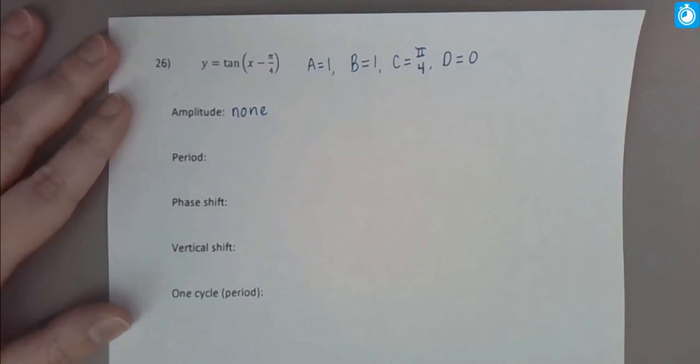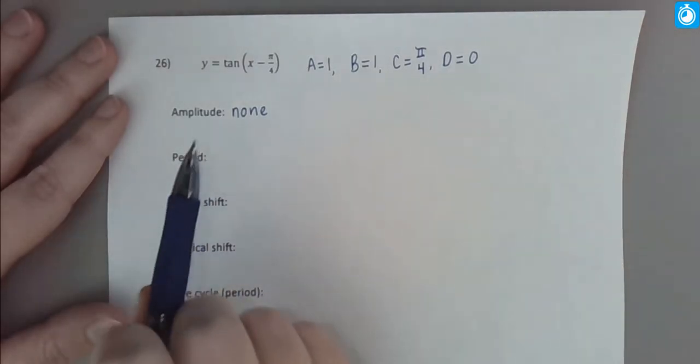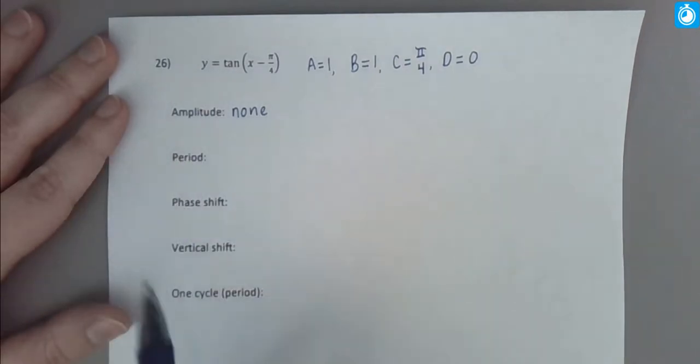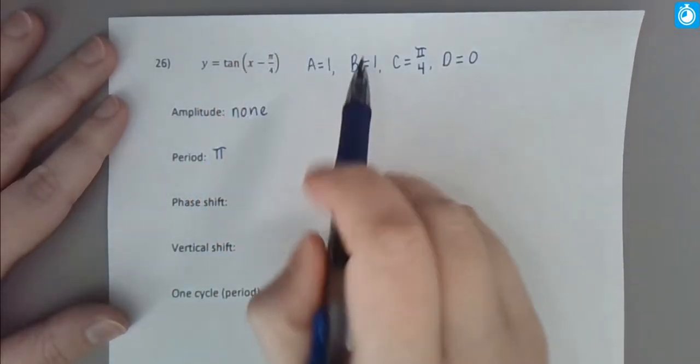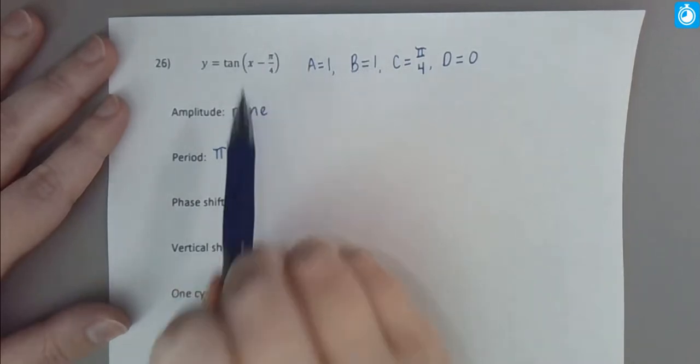Tangent and its reciprocal, cotangent, those 2 functions are a little bit different. Tangent and cotangent have periods of pi. Their values start to repeat after only half a rotation around the unit circle. So in this case, our period is going to take our standard period for tangent, which is pi, and then divide by the value for b, whatever's in front of x.